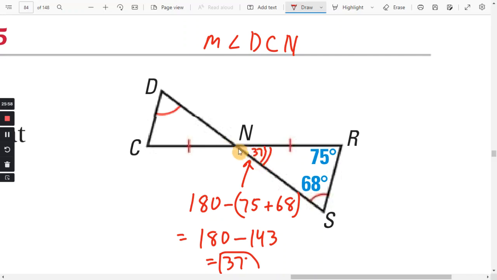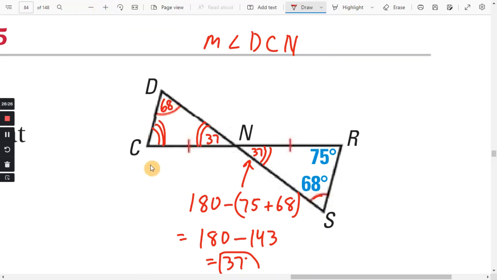And if you use vertical angles, this one here is also going to be 37. And now this one with one mark is 68, so this one with one mark is also going to be 68. And finally for the remaining angle, we just subtract these two from 180.